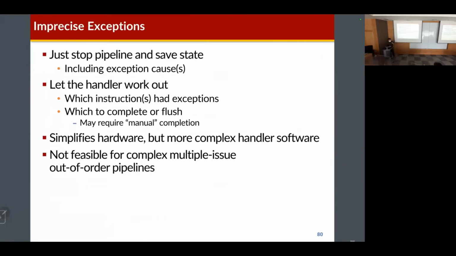So some processors support imprecise exceptions. In this case, the software needs to handle the exceptions. The software estimates the location of exceptions in the code based on some hardware reports, and then the software calls exception handlers. But usually our processors support precise exceptions.